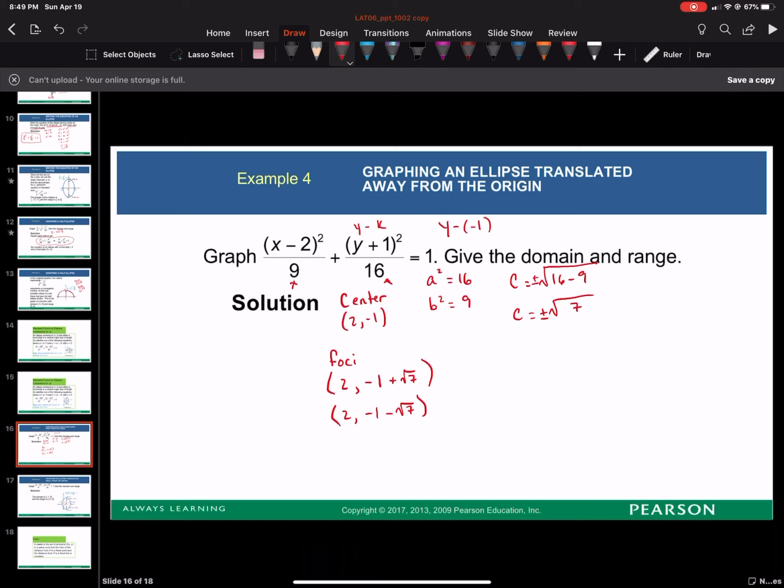Now, if you get lost, let me know. It's easy as just asking what happened. Now, we haven't found the vertices yet, but we are.